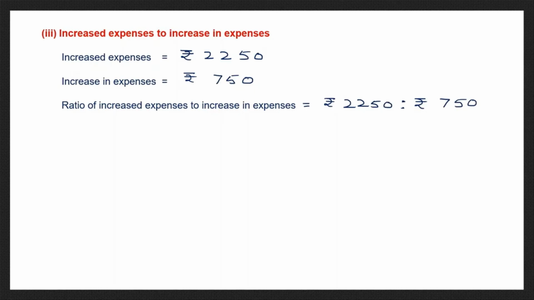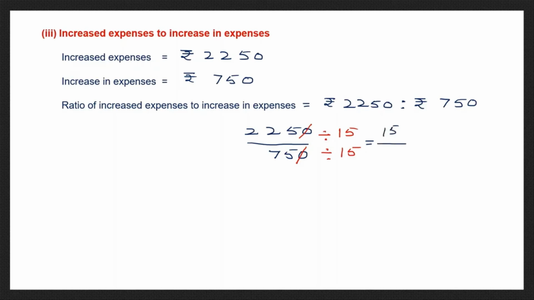So now let's find the ratio in the simplest form. Write it as a fraction, 2,250 by 750. Now we need to reduce it to the lowest term. Let's divide both these numbers by a common factor, which is 15 itself. So 15 into what is 225? 15 itself.